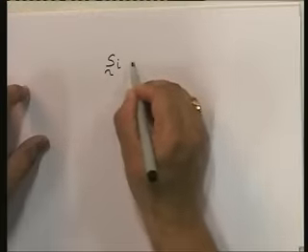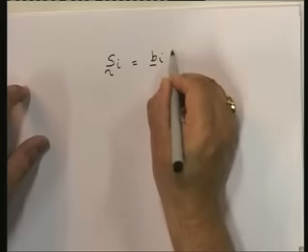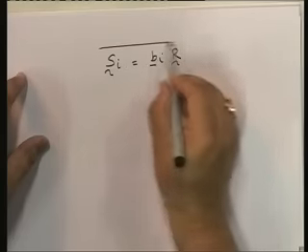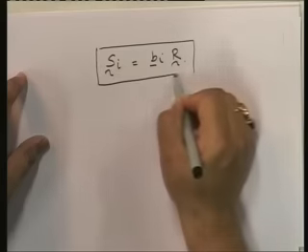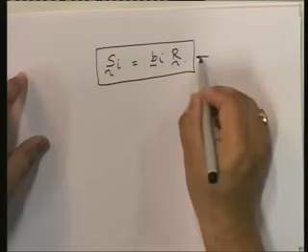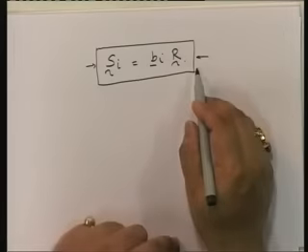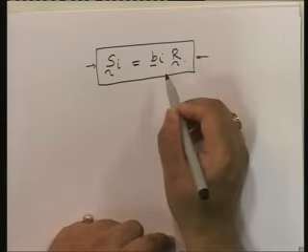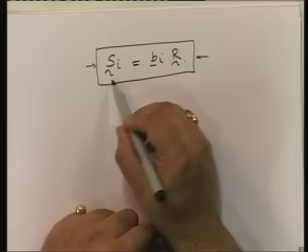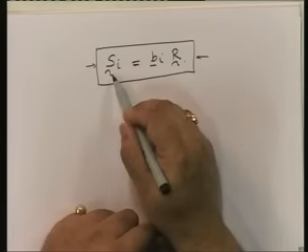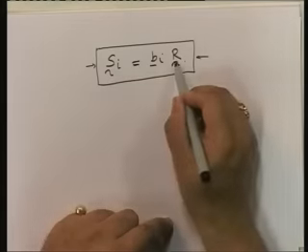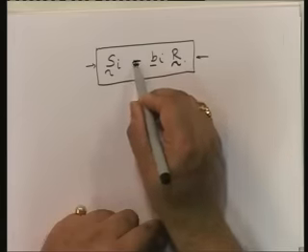This is one relationship. The other relationship, if you look at it again, all it says is how we get the member end moments corresponding to the loads applied at joints.